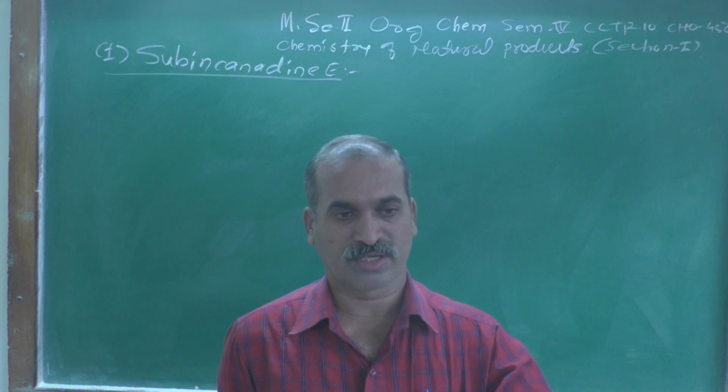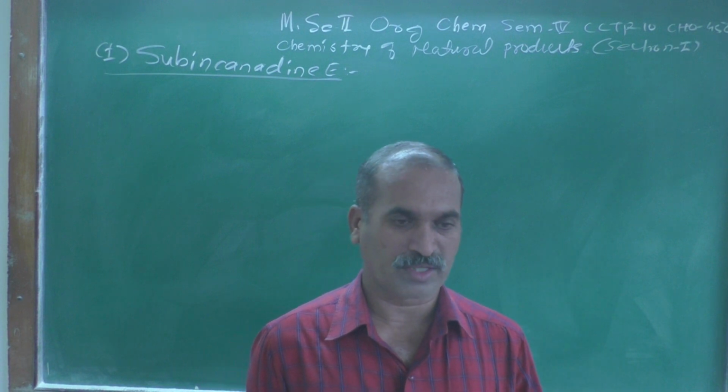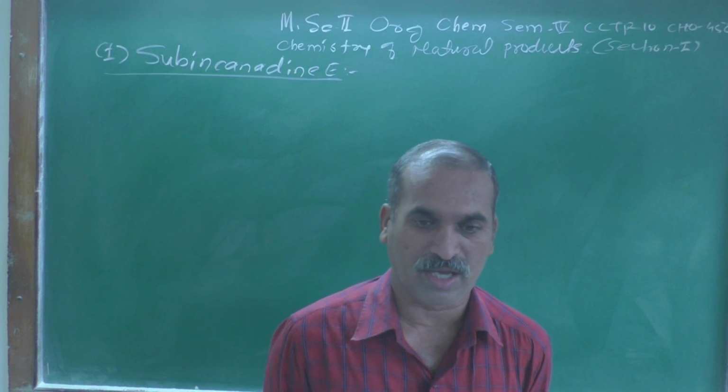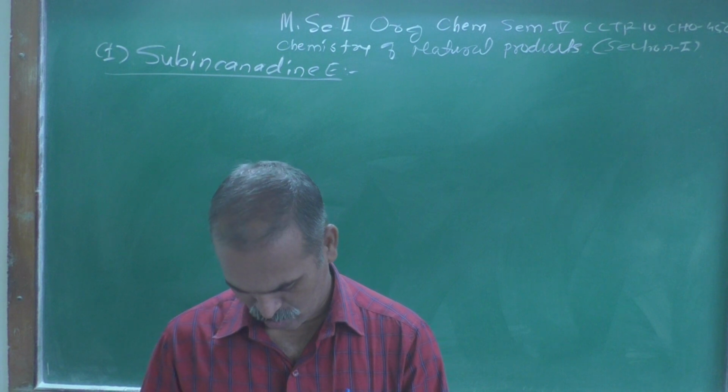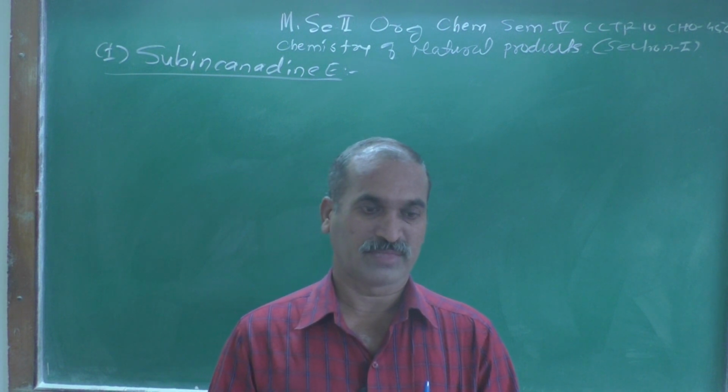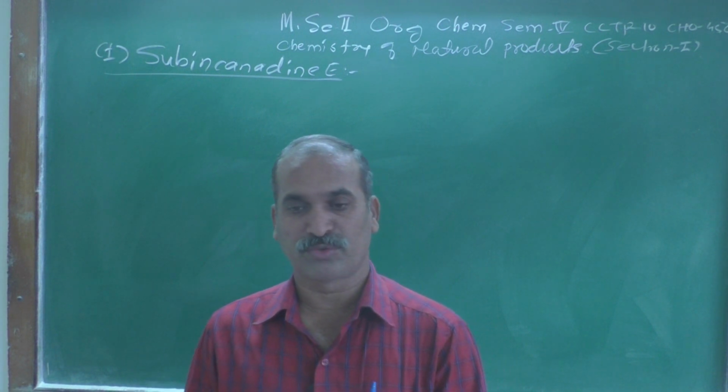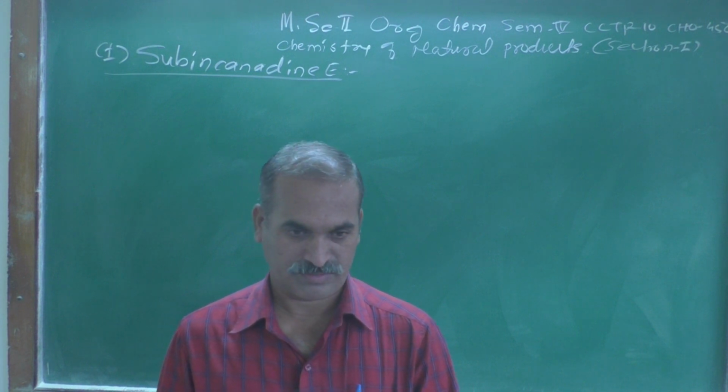Again it is further divided into two types: one is optical isomer, another is geometrical isomer. Geometrical isomers are again further divided into two types, cis and trans.